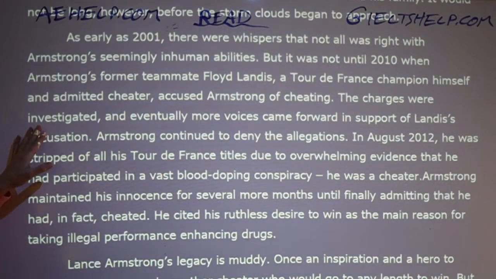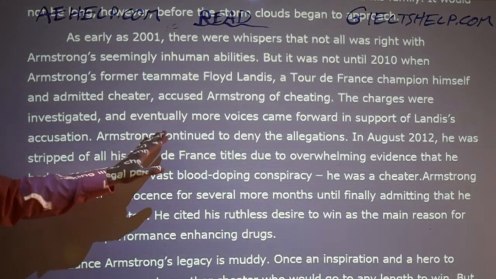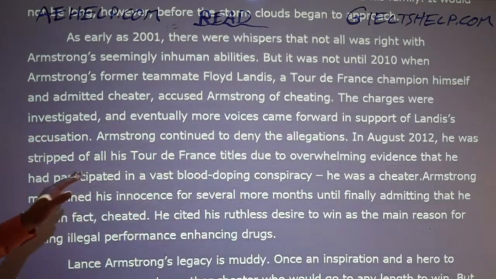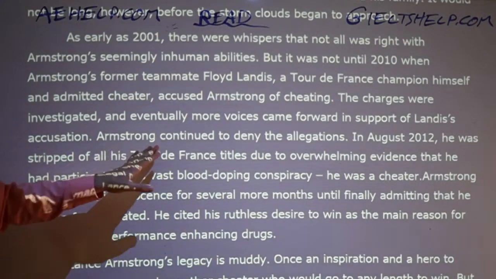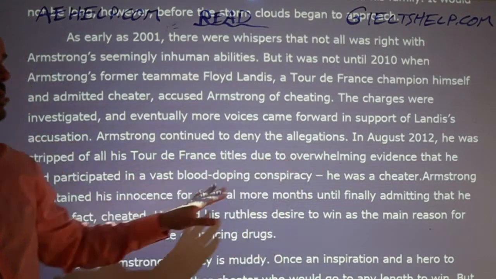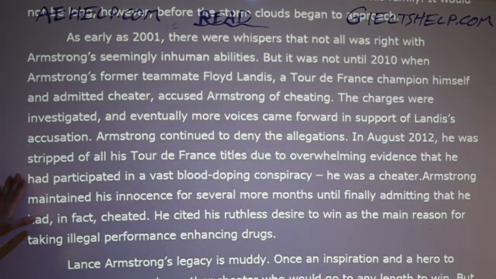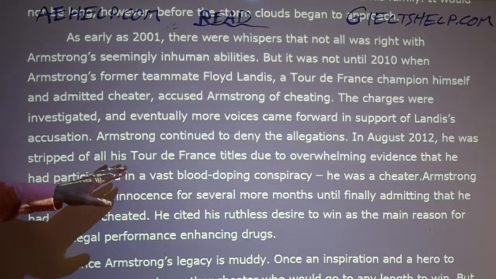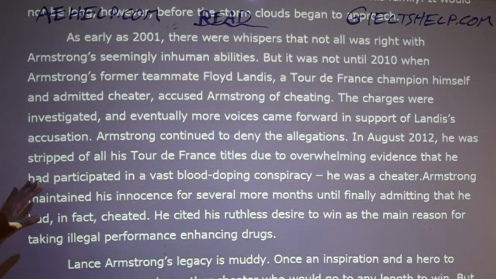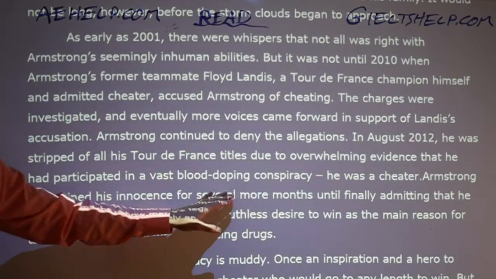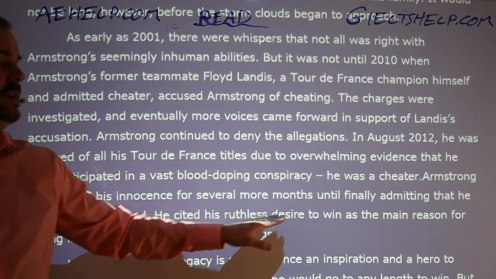The charges were investigated, and eventually more voices came forward in support of Landis's accusation. Armstrong continued to deny the allegations. In August 2012, he was stripped of all his Tour de France titles due to overwhelming evidence that he had participated in a vast blood doping conspiracy. He was a cheater.